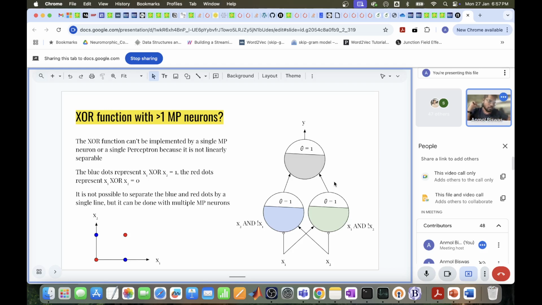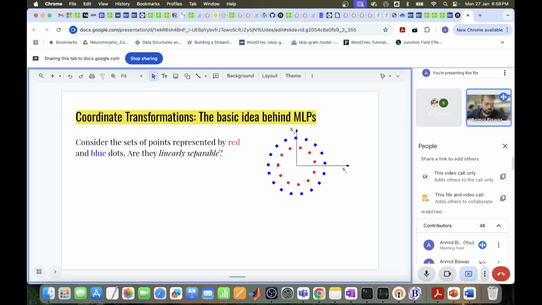You can always divide a complex Boolean function in such a way that it becomes a collection of these AND functions, right? And in that way, you do a universal approximation. It's not even an approximation; it's a universal representation that you can do with perceptrons. You can even do it with this McCulloch-Pitts, right?